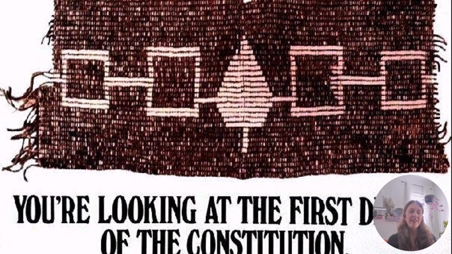Okay, everybody, this is the first PowerPoint of our module number 3, which corresponds with week number 3. During this week, we're going to be looking at the Haudenosaunee Confederation, or the League of Nations.